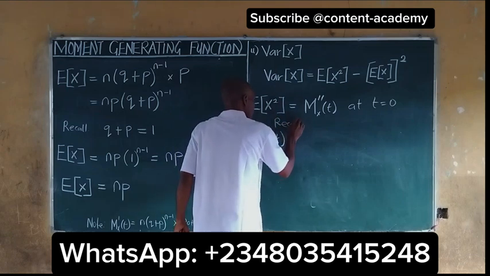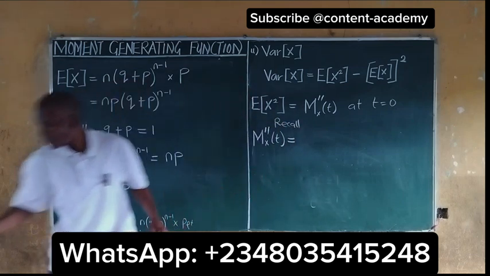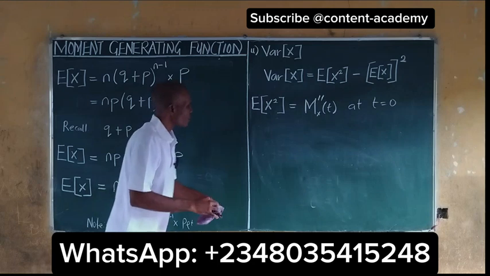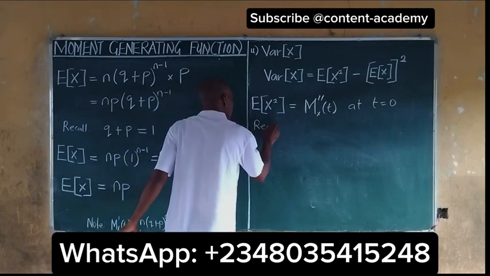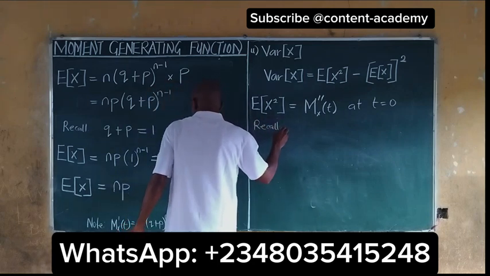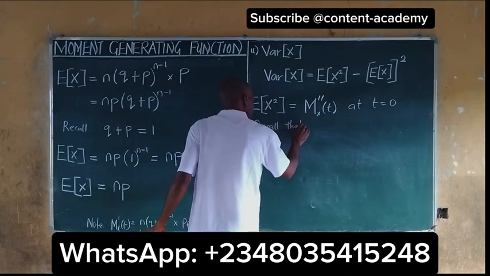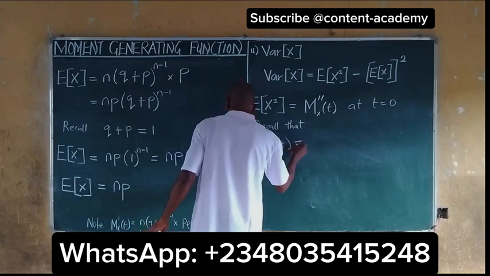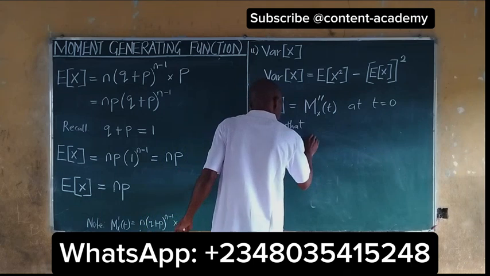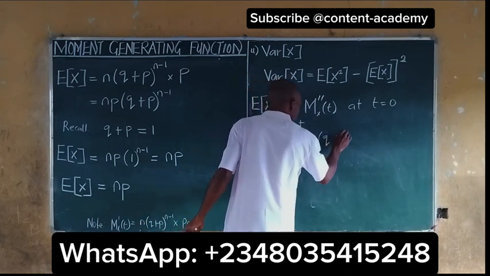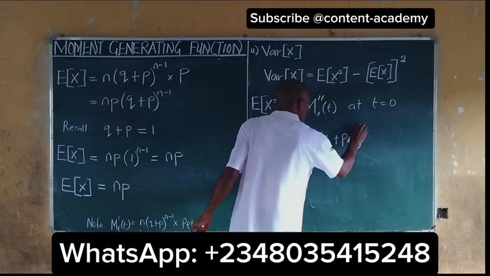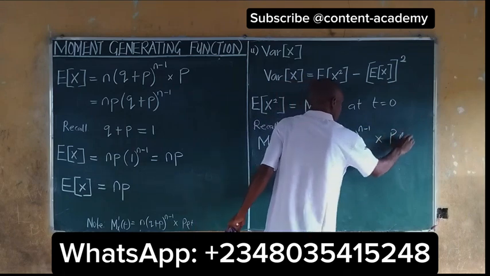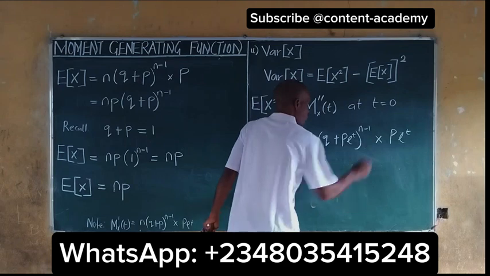Recall that our first derivative is n into (q plus p e^t) raised to the power of n minus 1, multiplied by p e^t. So this is what we got.